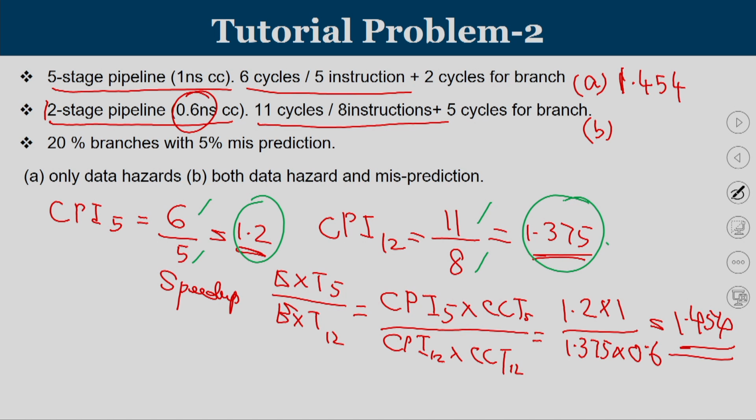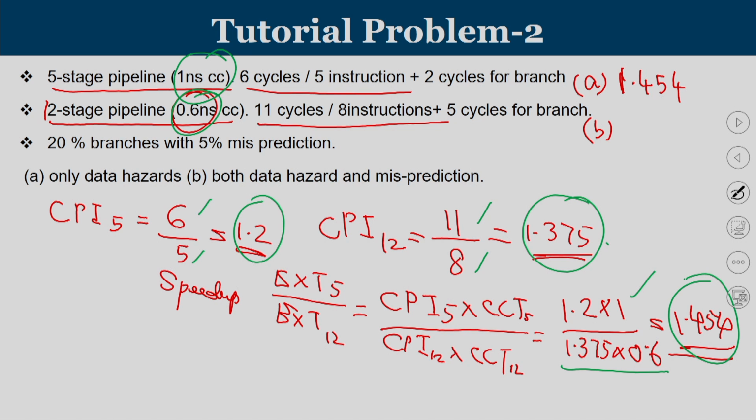They both operate at a different clock. The 5-stage pipeline has a 1 nanosecond clock, whereas the 12-stage pipeline has a 0.6 nanosecond clock. So the CPI into clock cycle time is the execution time per instruction. Each instruction will take 1.2 nanosecond in the 5-stage pipeline, whereas in the 12-stage pipeline it is 1.375 into 0.6, getting an average speed up of 1.454.